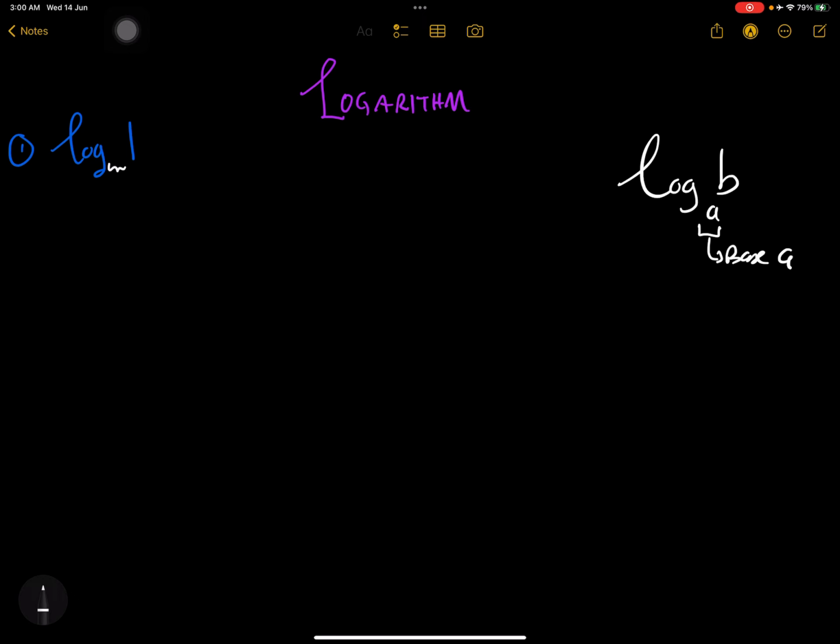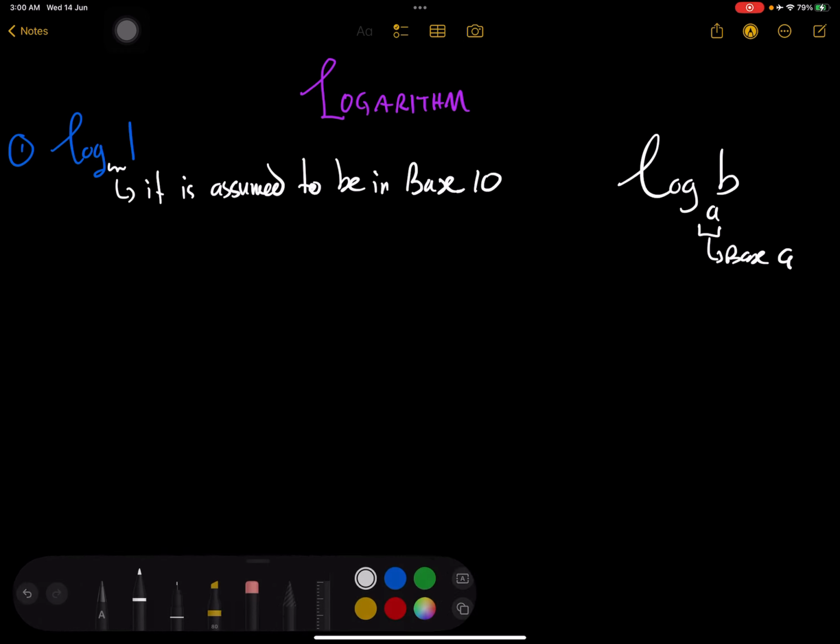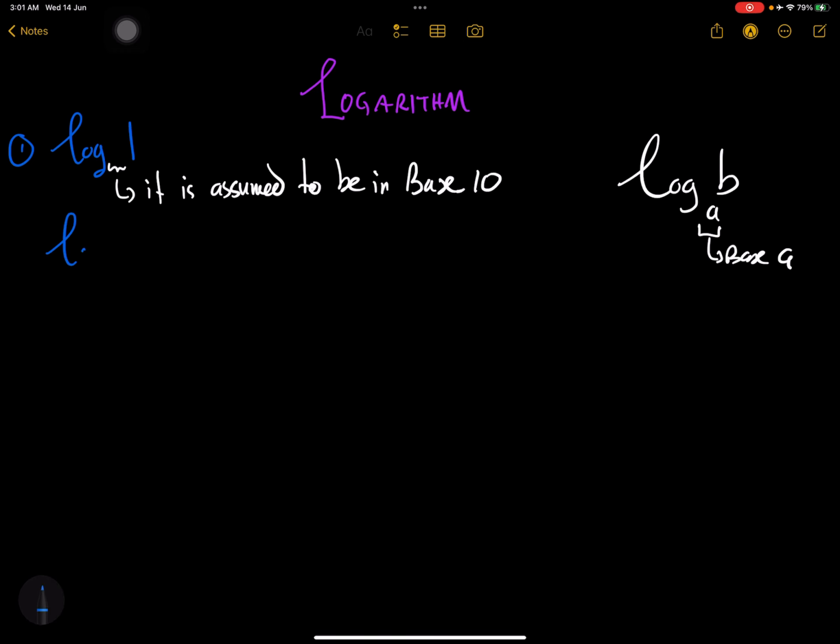The moment nothing is stated here, it is assumed to be in base 10. So usually when you are working in base 10, we don't really write it. So basically, if you have log 1, it is the same as writing log 1 to the base 10. But usually we don't do that.